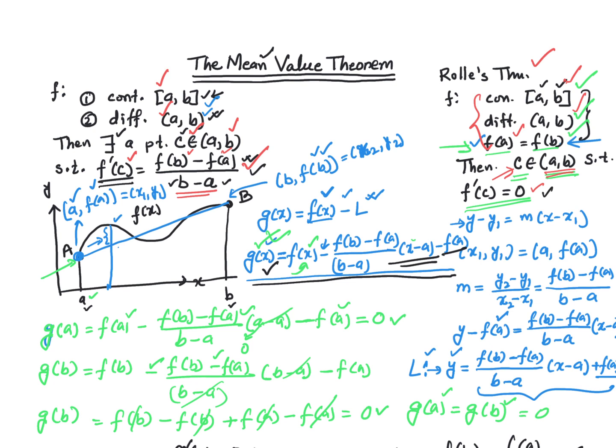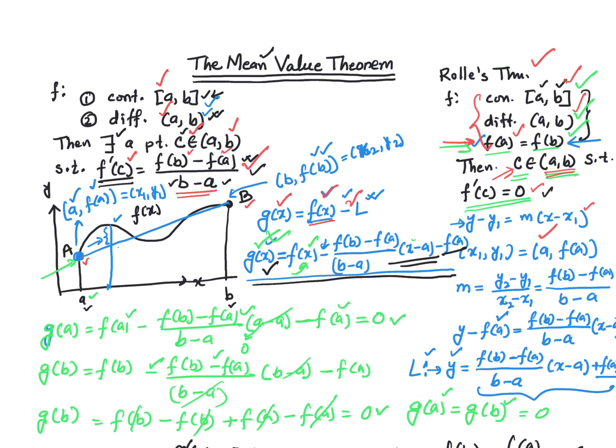And to satisfy the third condition for Rolle's theorem, we devised a special function called g of x, which is the difference between f of x and the secant line from A to B. So that means we used the equation of the line from point A to B and subtracted it from the given function f of x, and we used y minus y1 is equal to m times x minus x1, and found the equation of the line and subtracted it.